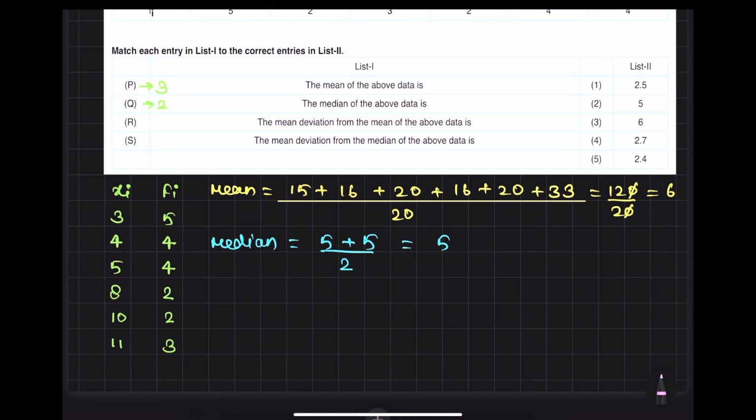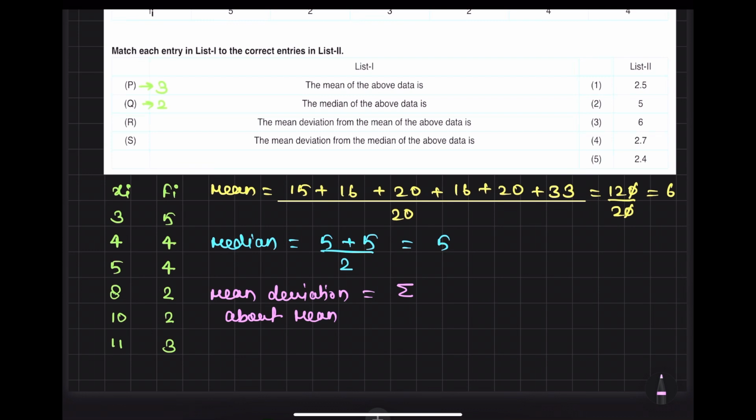Is that okay? Now focus on R. Mean deviation about mean. Great. So now you have to find the mean deviation about mean. Look at this. So what are we supposed to do?